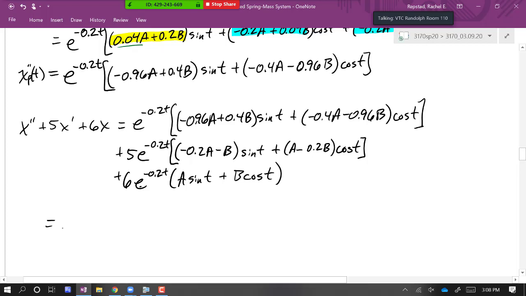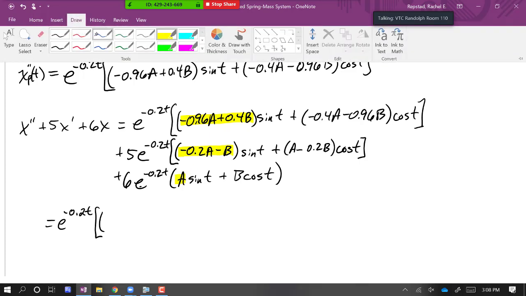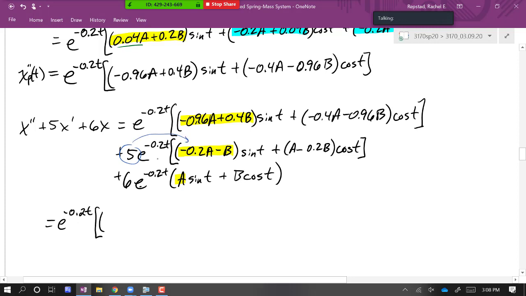Okay, so I'm adding all of these together. Again, all 3 of these have that common factor of e to the negative 0.2t, so I'm going to pull that out. Then let's put together our coefficient on sine. I'm going to add that, plus 5 times that, plus 6 times that, and not forget to distribute.